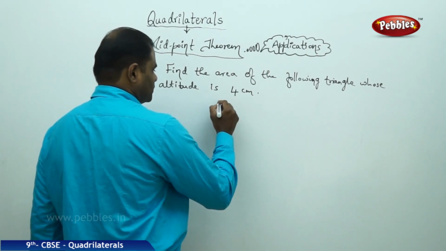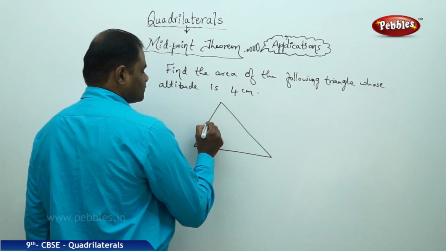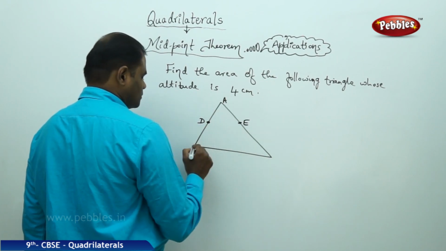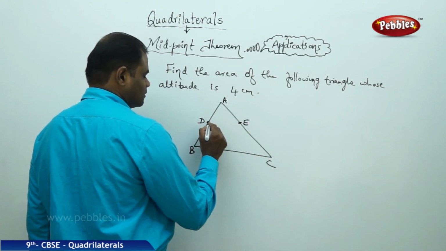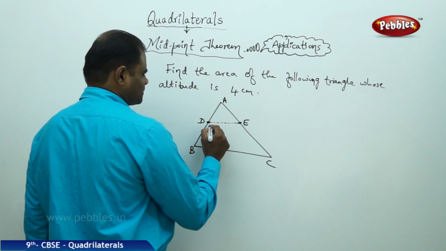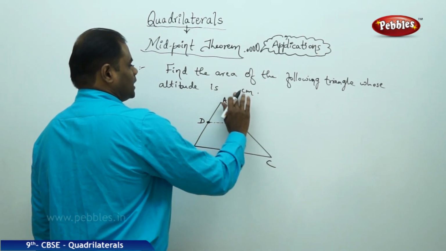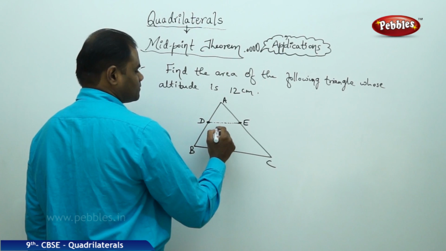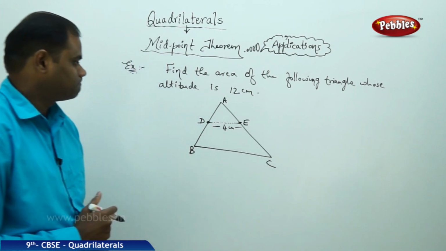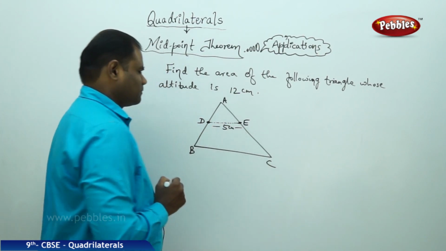So let's take the triangle. Here is the given triangle. The question says D is the midpoint and E is the midpoint, and ABC is a triangle such that the altitude is, let me take 12 centimeters, and DE is 5 centimeters, is what is given.